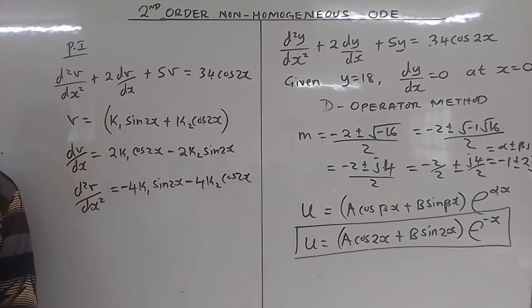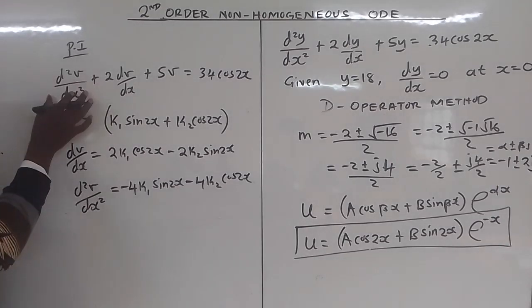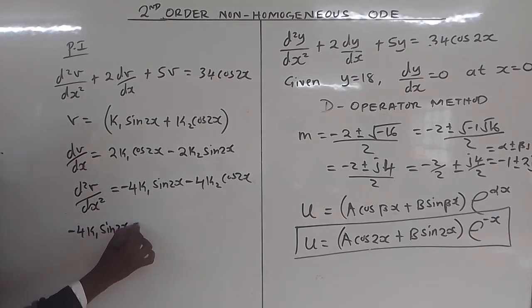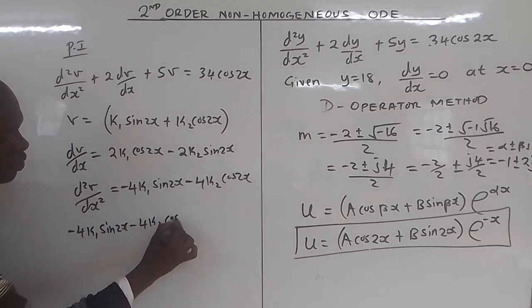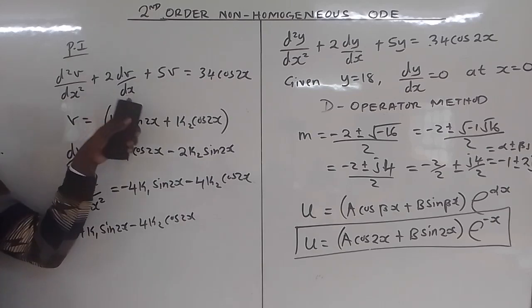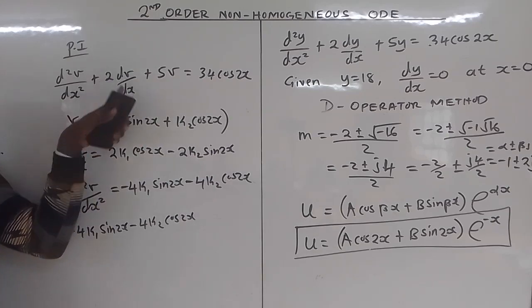Are we together? Now substitute it back in our equation. d squared v over dx squared, what have you found it to be? You found it to be minus 4k1 sine 2x, then minus 4k2 cos 2x. Then it is plus 2 dv over dx, meaning positive 2 times dv over dx.